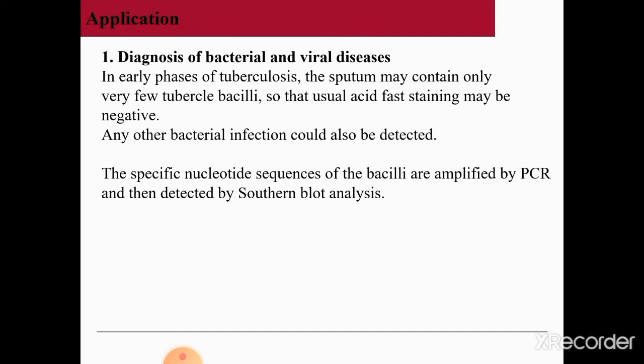For example, in tuberculosis, in the early stage, the sputum will contain only very few bacilli. So the acid fast staining test may be negative because of the low quantity of bacteria. But if we amplify the DNA using the PCR technique, we can give a positive result for the early phase of tuberculosis.